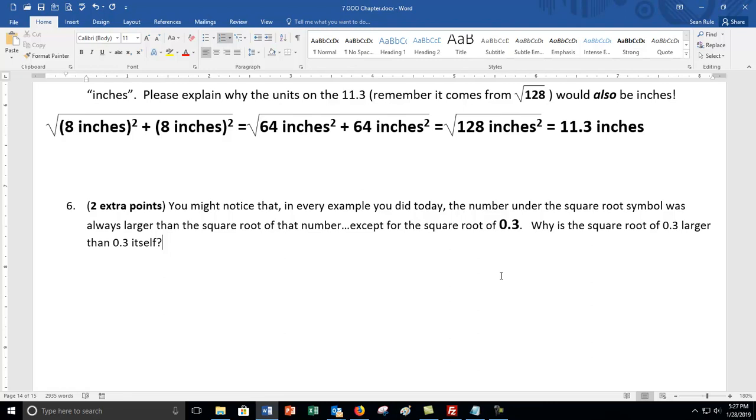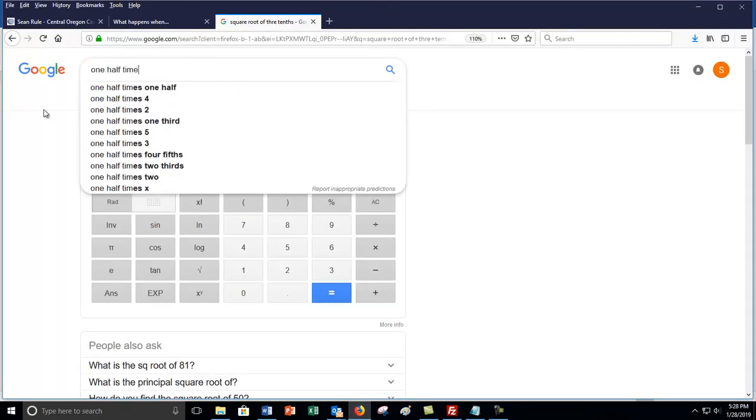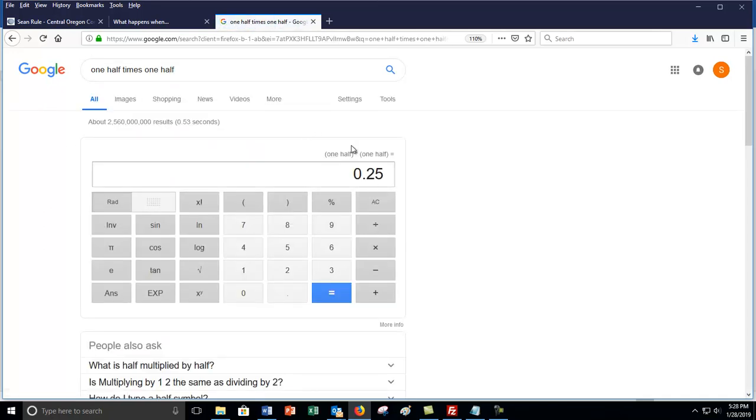If you take a number like a half and multiply it by itself, it actually gets smaller. Right? A half times a half is a quarter, right? Let's go back to Google so you can see, 1/2 times 1/2 is a quarter. It gets smaller. A quarter times a quarter is a 16th. It gets smaller.